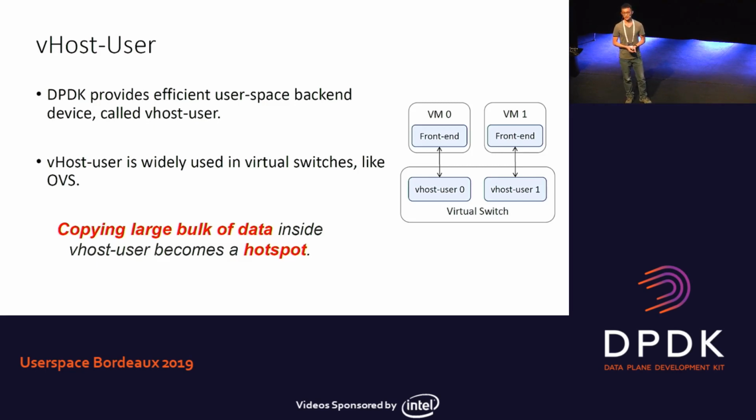The problem is that the limited core resources of the virtual switch are responsible for all the copies into the VM and out of the VM. That's just the way it is. So the problem we need to solve is how we can accelerate the memory copy of vHost-User.